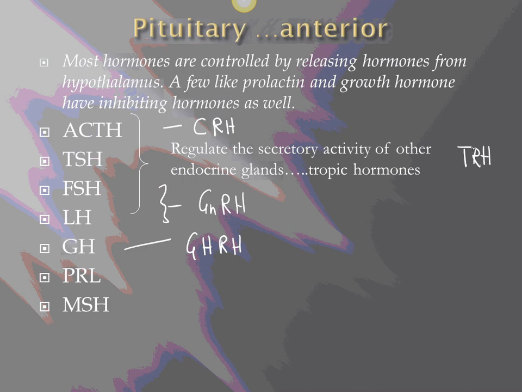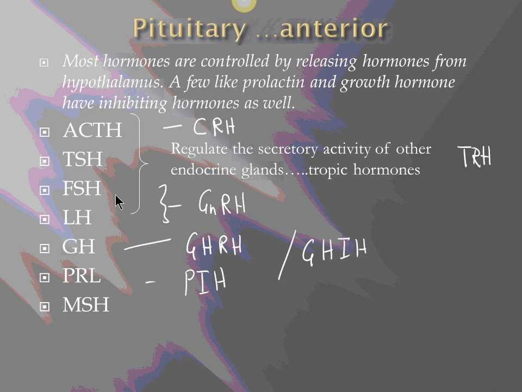So these were the releasing hormones. And growth hormone also has growth hormone inhibiting hormone, and prolactin has prolactin inhibiting hormone. These come from the anterior hypothalamus and travel to the anterior pituitary. The releasing hormones will cause release of these various hormones. The inhibiting hormones will prevent release of growth hormone or prolactin.